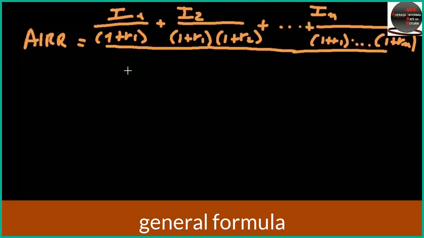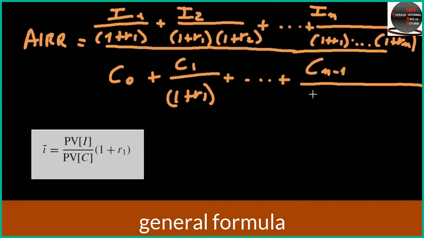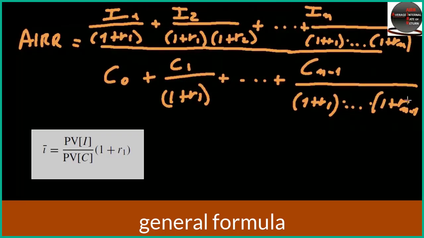At the denominator of this ratio we have the present value of the capitals. So we will discount back the capital invested at the beginning of the second period by 1 period, and so on until the last capital, which is C of n minus 1, is discounted back by n minus 1 periods, 1 plus R of n minus 1.